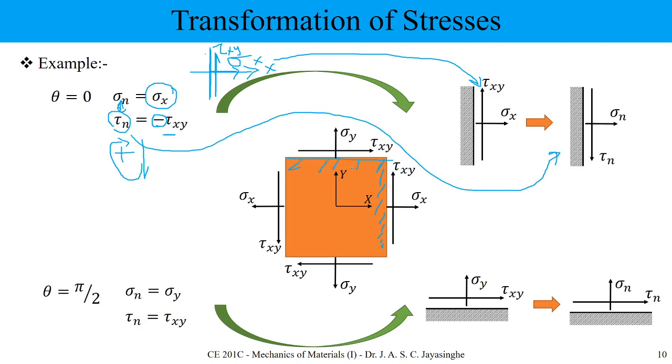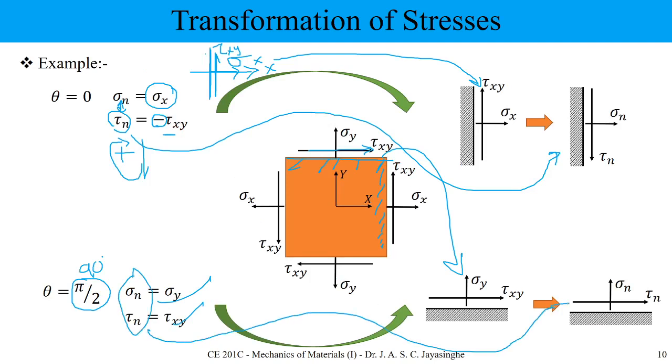When you come to this face, theta needs to equal 90 degrees. Then simply apply this one. You will end up with these values, and of course tau is positive, so you end up with the same value. If you use this notation, you can replace this one this way. Very simple.